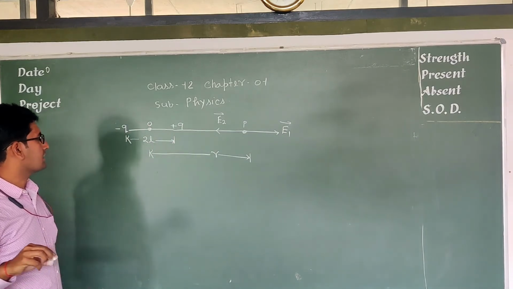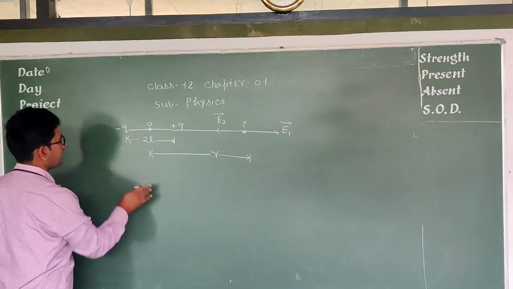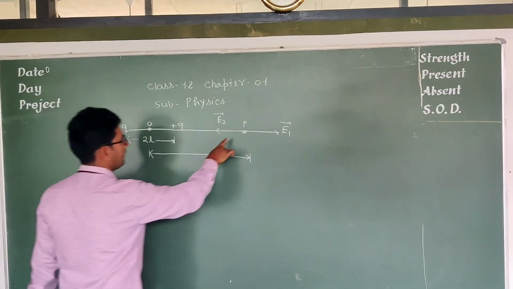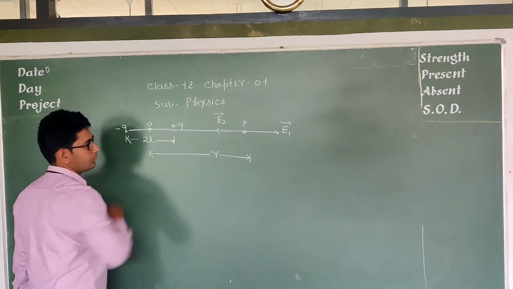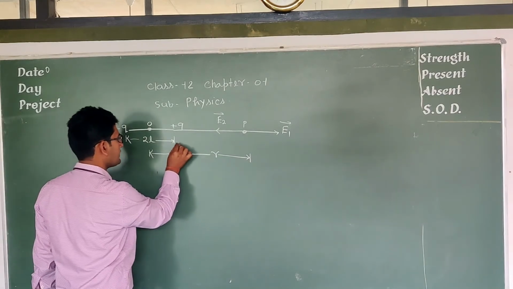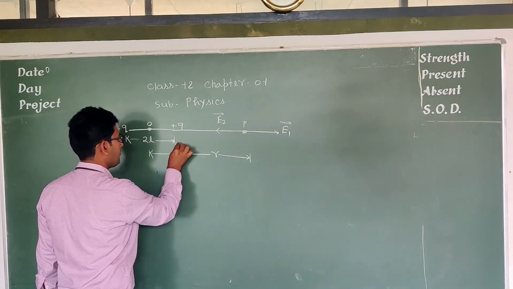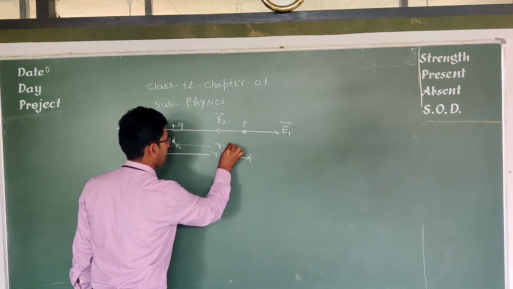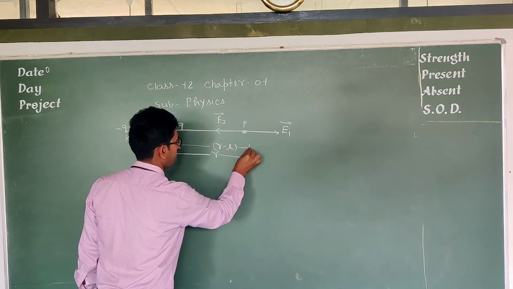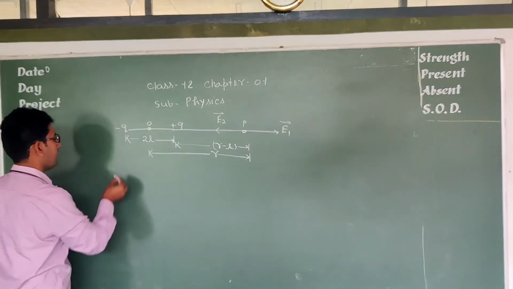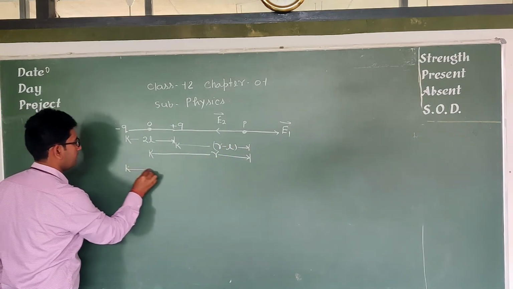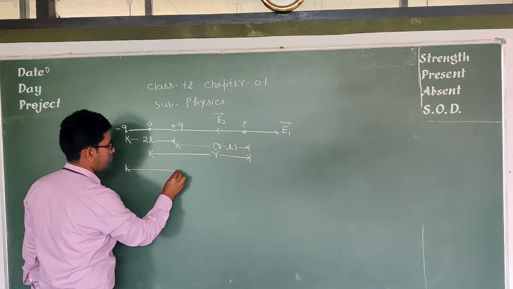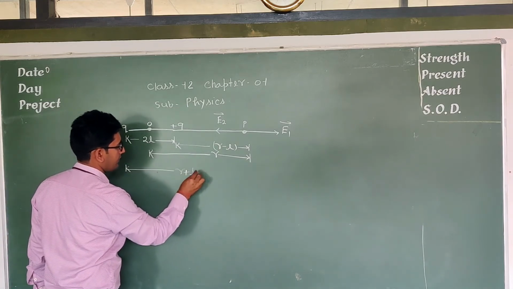So we can say the distance between P and plus Q is R minus L, and the distance between minus Q and P is R plus L.